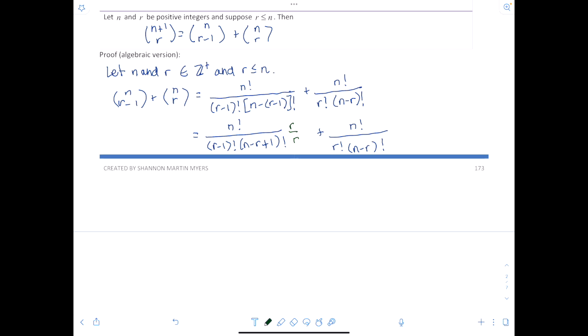Now, looking at n minus r plus 1 factorial, right? What is the larger? Awesome, n minus r plus 1. But that plus 1, you know, it's not as easy to do as that first one, so we're just going to do that whole thing.